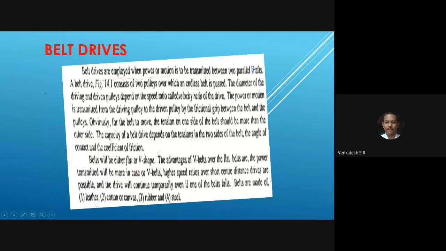I repeat, the diameter of the driving and driven pulleys depend on the speed ratio called as velocity ratio of the drive. Underline the sentence: speed ratio called as velocity ratio of the drive.